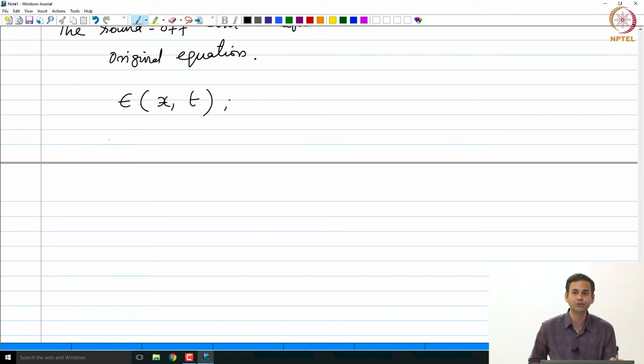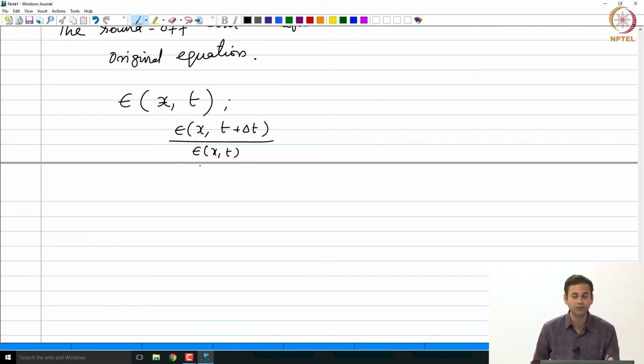That will be epsilon of x comma t plus delta t, the round off error at time t 1, divided by epsilon of x comma t, the round off error at time level t naught.